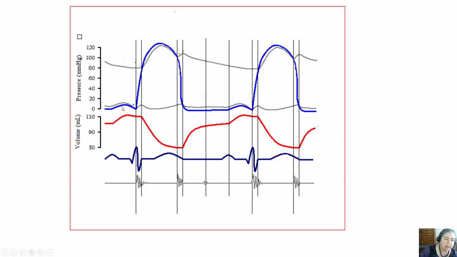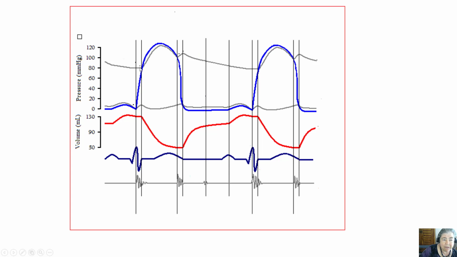QRS complex followed by ventricular depolarization, ventricular contraction, initially with the closure of the AV valves resulting in S1 before the opening of the semilunar valves, the pulmonic and aortic valves.